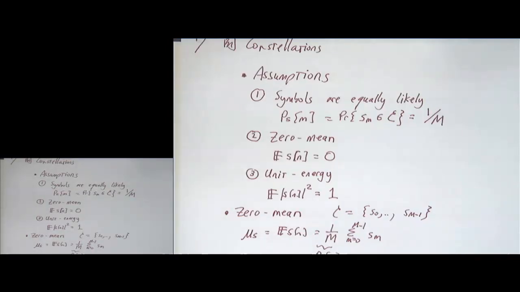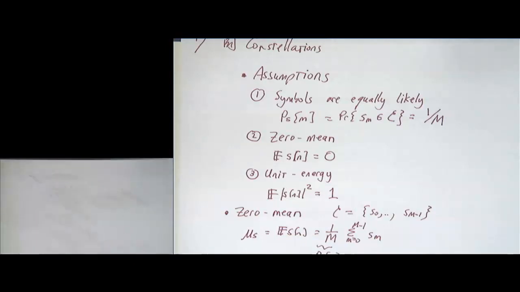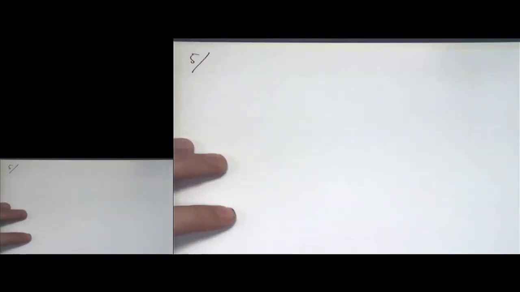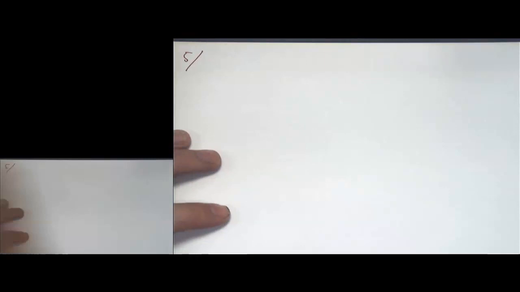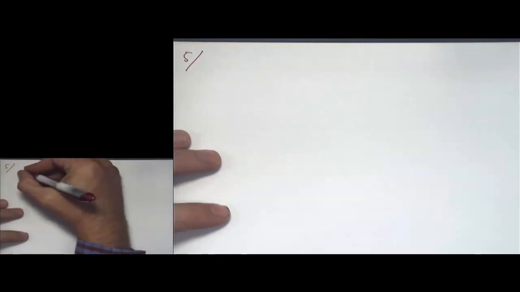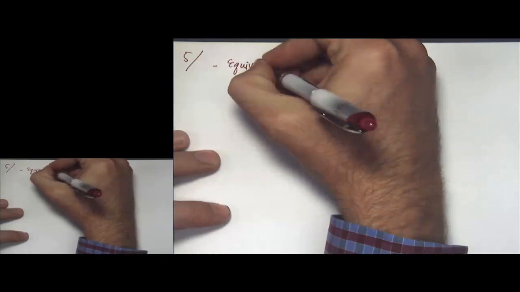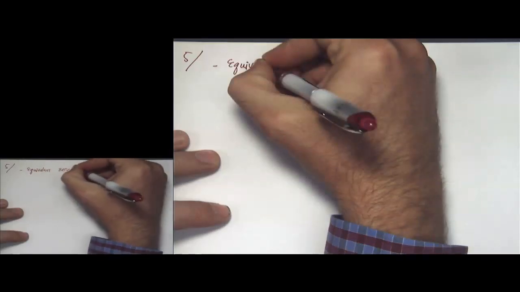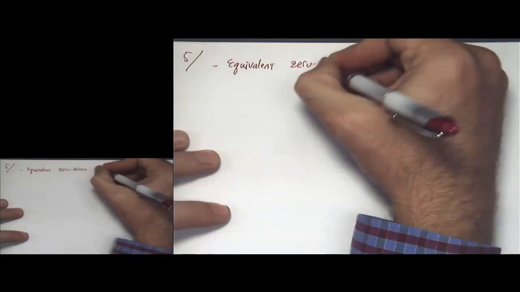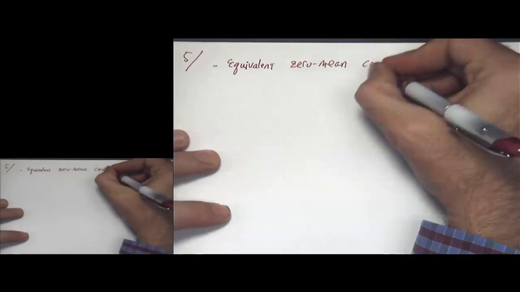Now, then, the question is, if this is not 0, what do you do? Well, just like what you would do, you see this in probability when you're trying to do computations with Gaussian random variables, for example. What we'll do is we're going to come up with an equivalent constellation that has 0 mean. And so what we're going to do is we're going to subtract off the mean.